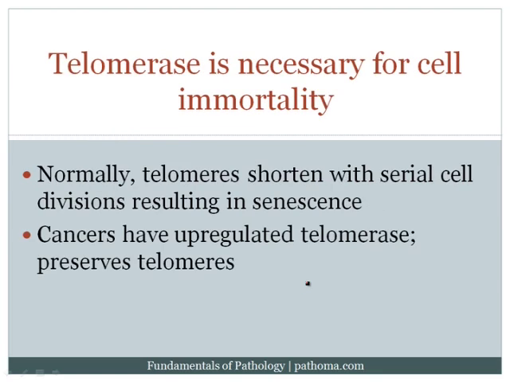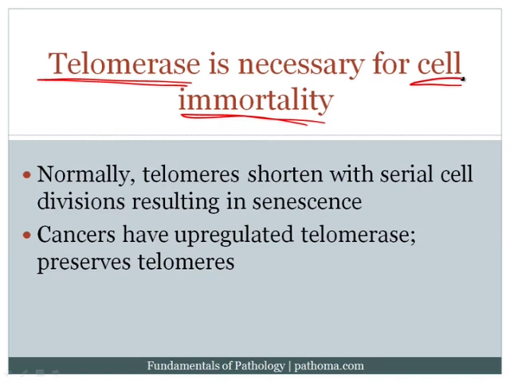A few other important features concerning tumor development. We've sort of concluded our discussion of the key regulatory systems, but there are a few other features to be familiar with. First of all, telomerase is a necessary enzyme for cell immortality. Now let's go back and remind ourselves.